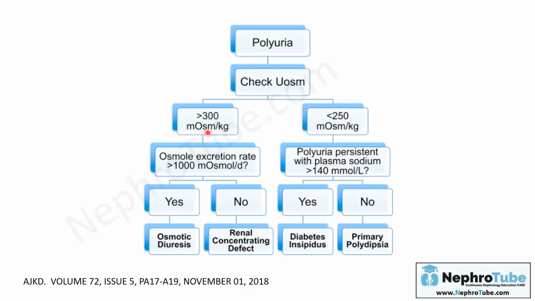If the urine osmolality is more than 300, the patient has a renal concentrating defect or osmotic diuresis, and we will differentiate between those by measuring what is called the osmol excretion rate, which I will discuss in a few minutes. If the osmol excretion rate is high, this means that high osmolar substances are in the urine. This will diagnose osmotic diuresis, and if not, this will diagnose renal concentrating defect.